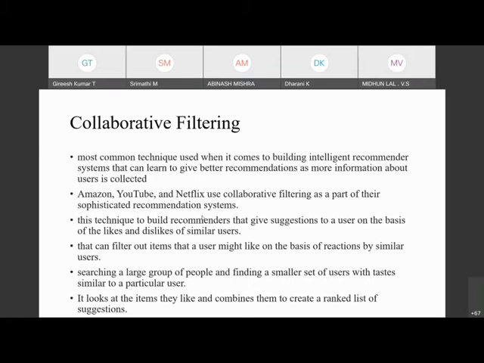Collaborative filtering is one type of recommendation system, a technique that can learn to give better recommendations as more information about the user is collected. Amazon, YouTube, and Netflix use collaborative filtering as part of their sophisticated recommendation systems.